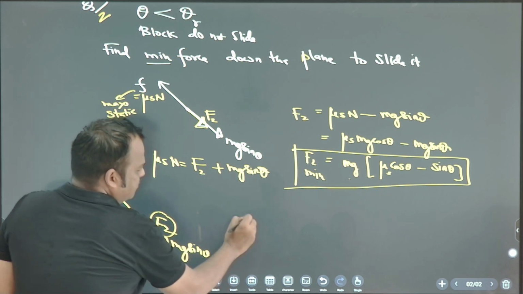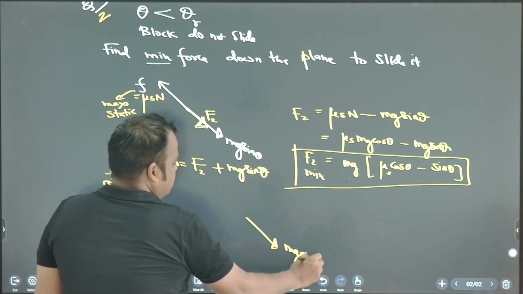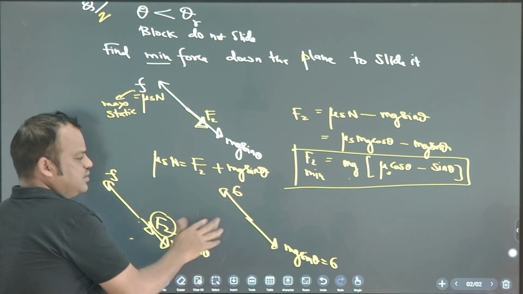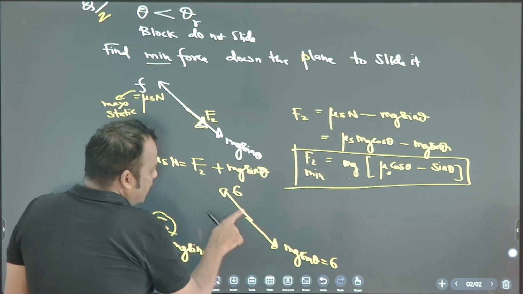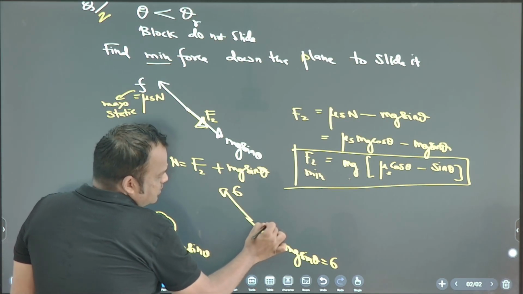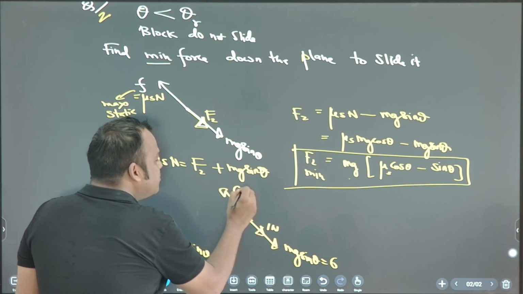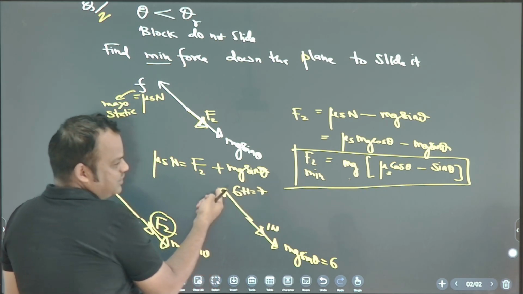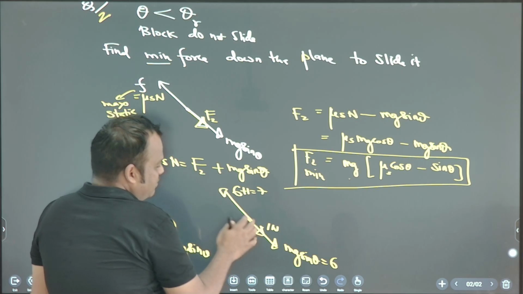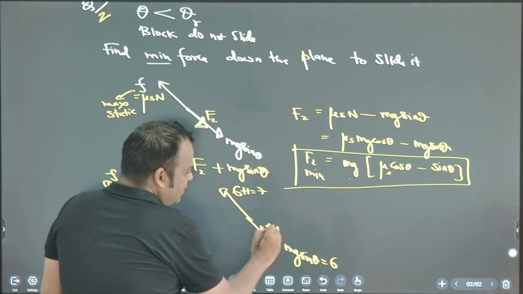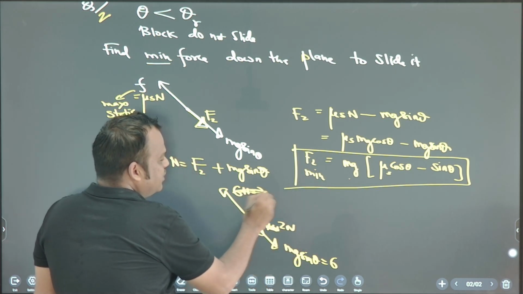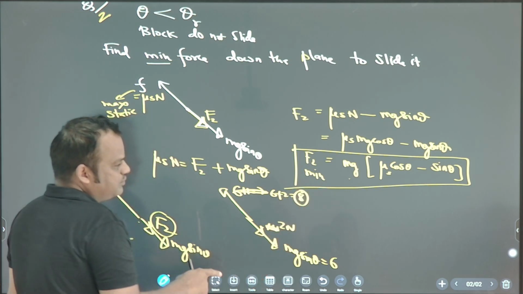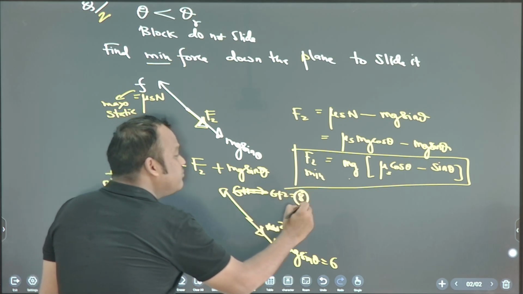Suppose I am telling one example. Suppose mg sin theta is 6. So friction is also 6. So not moving. But I want to move it. So you exert 1 Newton, suppose. So friction will also become additional 1 Newton. So what is the new value of friction? 7. But still the block is not moving. So you make it 2 Newton. So what is the value of friction? 6 plus 2, 8 Newton. But suppose 8 is the maximum value of friction.